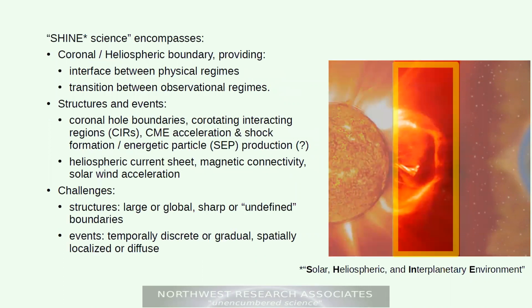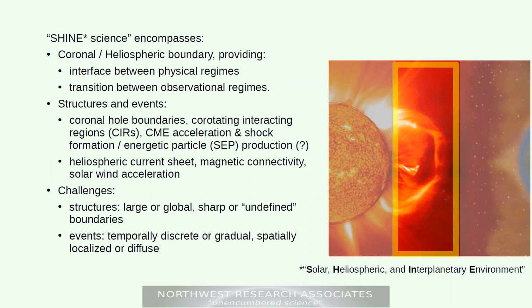If we move into the coronal heliospheric boundary, we're talking about the interface between physical regimes, transitioning between plasma dominated and magnetic field dominated, and also the transition between observational regimes in terms of what kind of data we can get and what kind of physics we can actually sample.